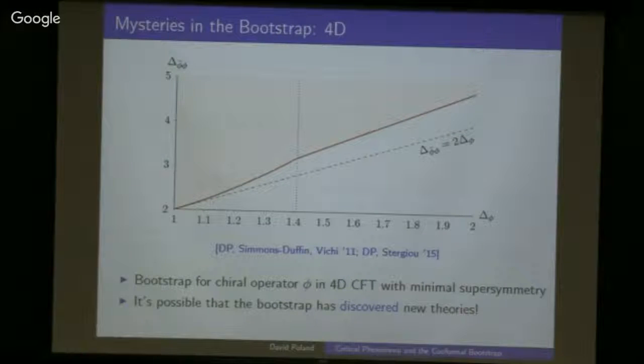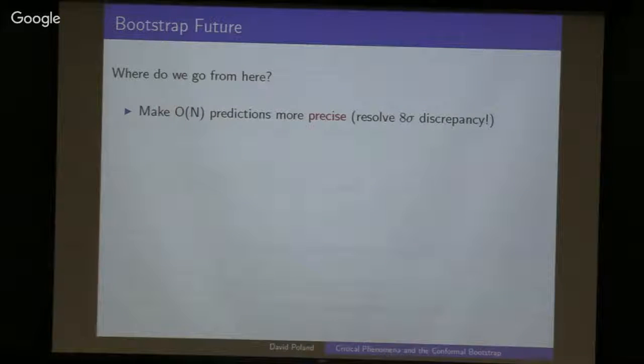There's a possibility that we're discovering new theories in the bootstrap. Of course, these all need to be studied much more carefully, and it'll be very interesting to see if we can turn these discontinuities and bounds into rigorous islands and make precise determinations of the properties of these theories. Okay, so where do we go from here?